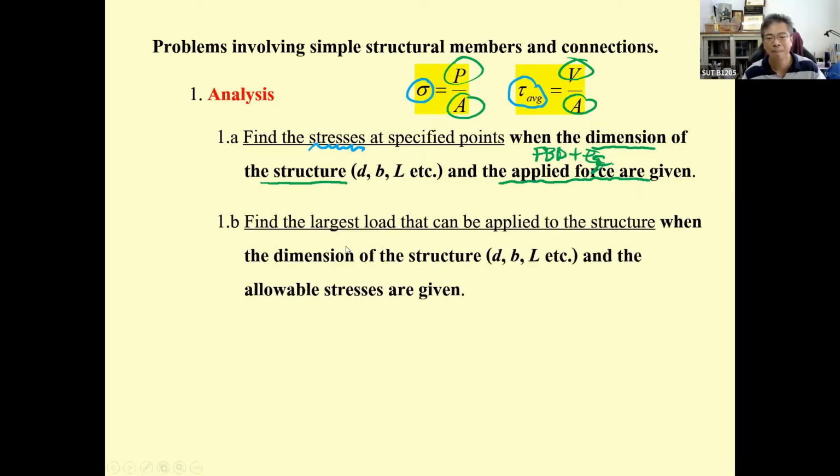The second one is going to be a little bit tricky: determining the largest load that can be applied to the structure. From the previous example, if you recall, example analysis 1.b, we have a load of 71 kilonewton for the failure of the rod, or 168 for the failure of the aluminum column, and 183, if I remember, for the failure of the connection.